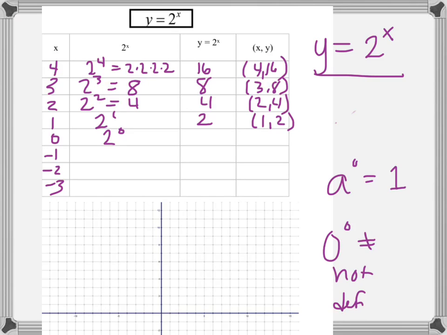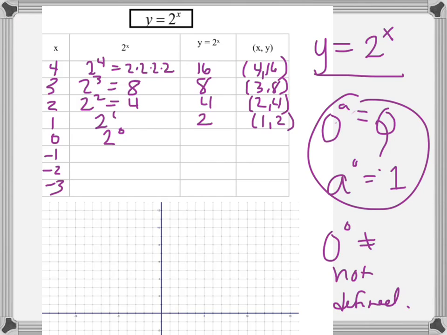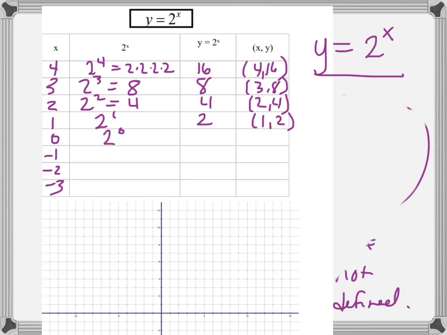That's the intersection of two rules: 0 to any power is 0, and a to the 0 power is 1. So what's that going to be? That's a question for another time. Anything to the 0 power except 0 would be 1. So 2 to the 0 is 1, and here we have 0, 1.